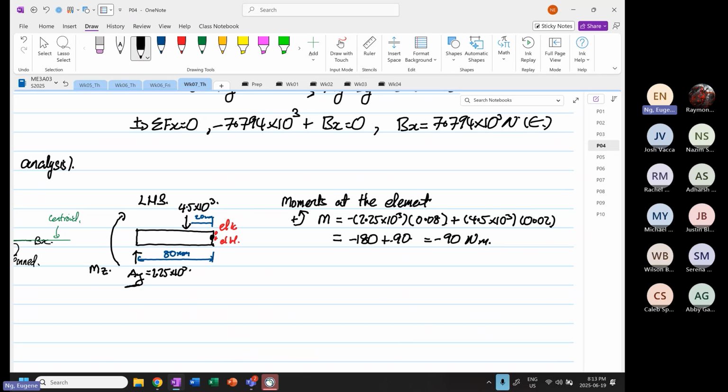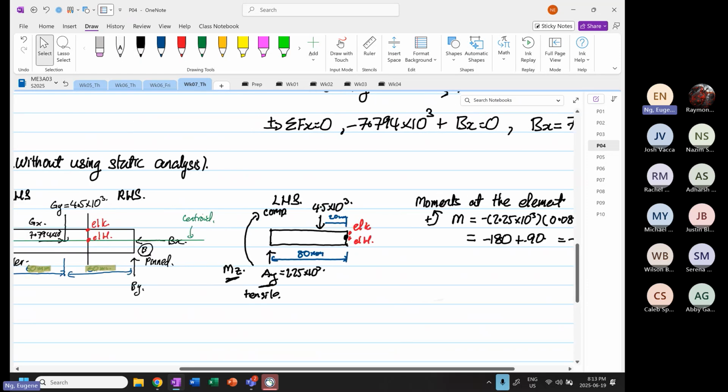Because the AY is generating a higher moment and the 4.5 is generating less, the MZ will be in this direction. So when that's the case, this will be under compression, and over here, this will be under tensile.